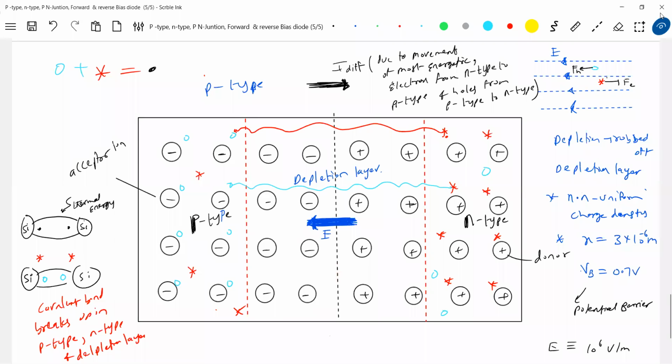When a covalent bond breaks up here, what do we get? Holes will be generated. That hole can be anywhere; the covalent bond can break up either here or here. And these are the free electrons. If one covalent bond breaks up, two electrons and two holes will be generated.